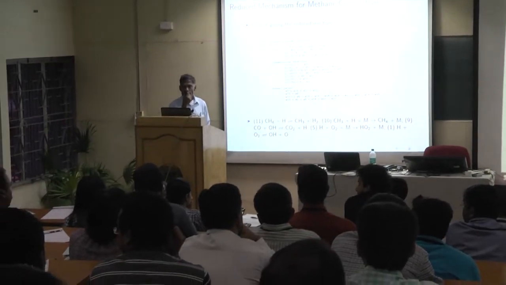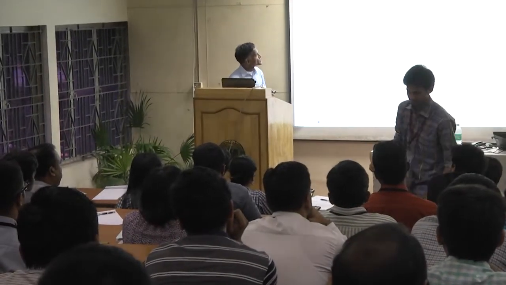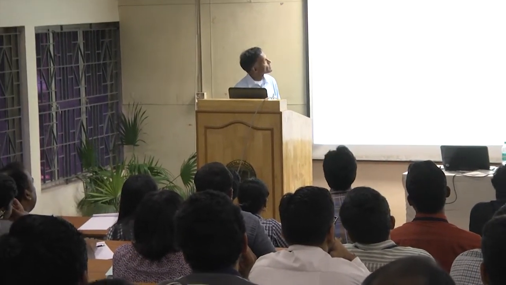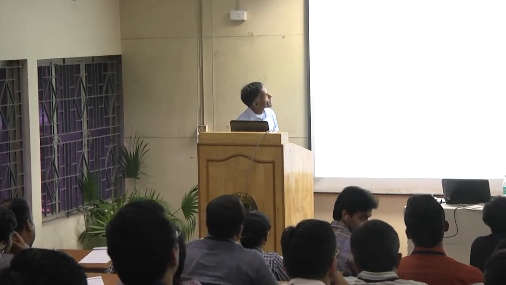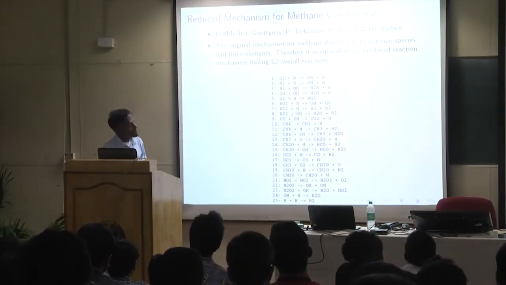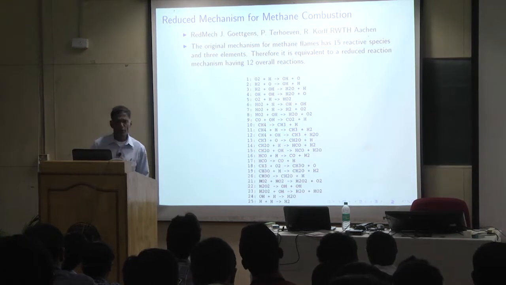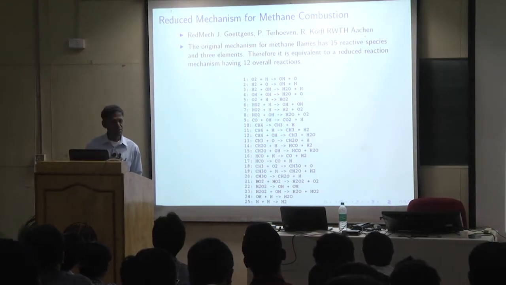Is there any software system which is tracking it? Yes, that software is from RWTH Aachen. It's called RedMech. If you go to the Aachen website, you can download it. I think it's written in C++ for a Unix machine, not for Windows, but I use Unix, so it's fine for me.